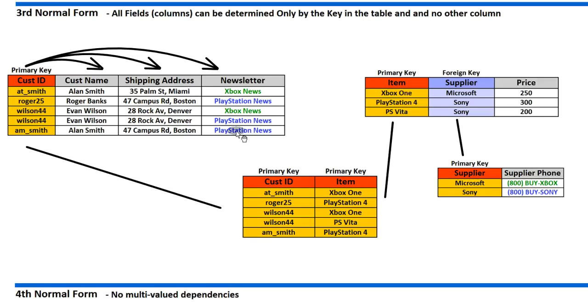So the multi-value dependency is a situation where one column can have a different amount of values than, let's say, the other column. For example, in this database, I didn't allow multiple shipping addresses per customer. Every customer has one shipping address, but they have multiple newsletters.